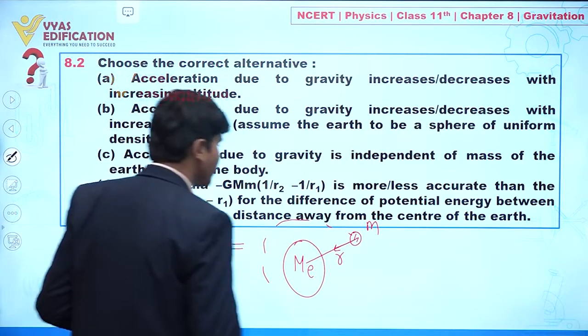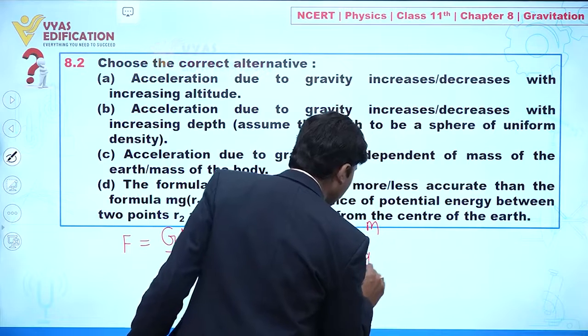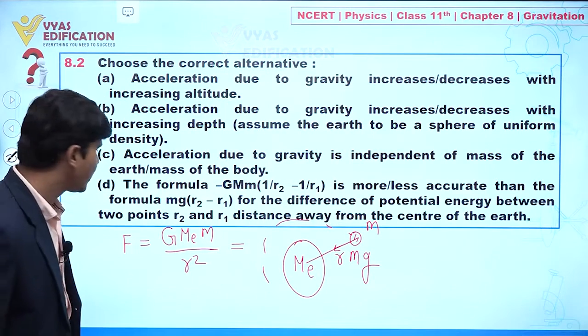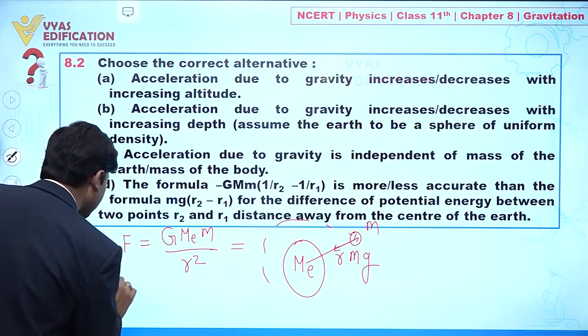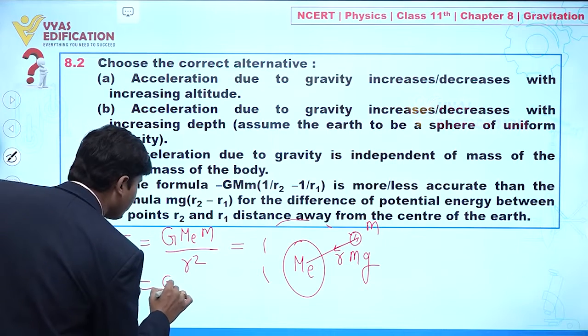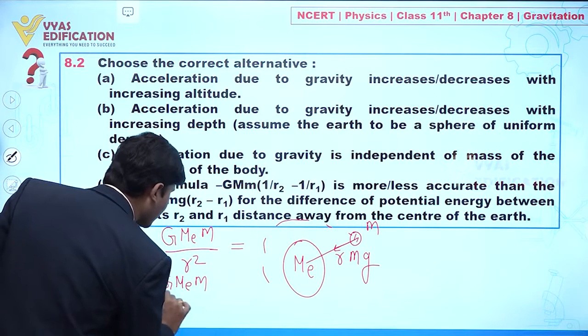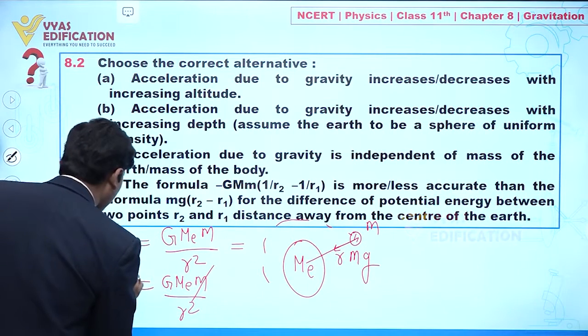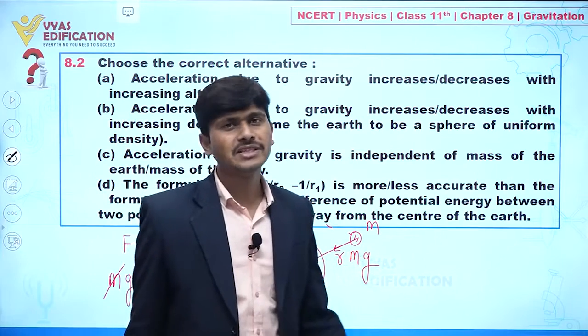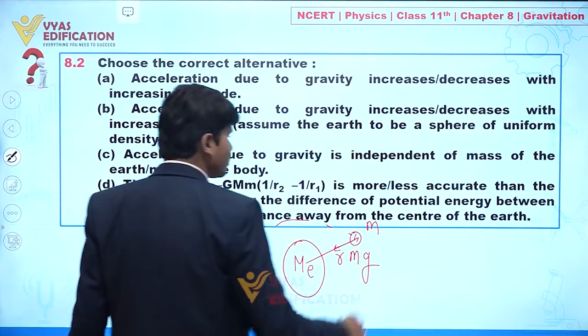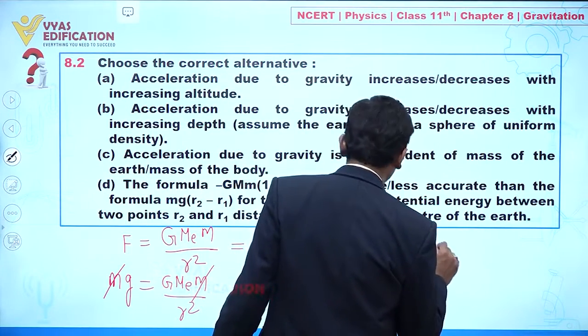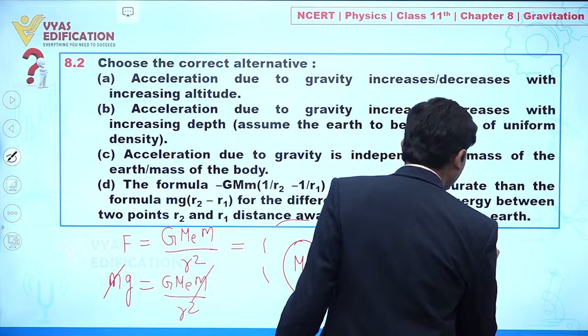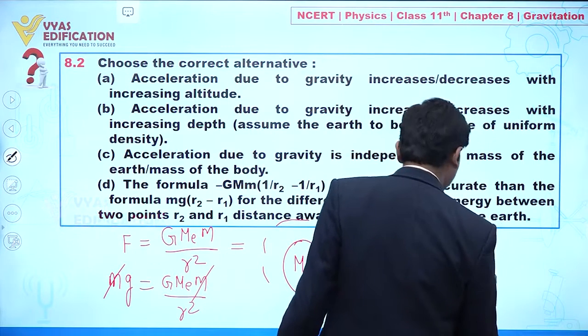We can write this as mg, so mg equals G Me m upon r square. Here m and m cancel out, so g is given by G Me divided by r square.